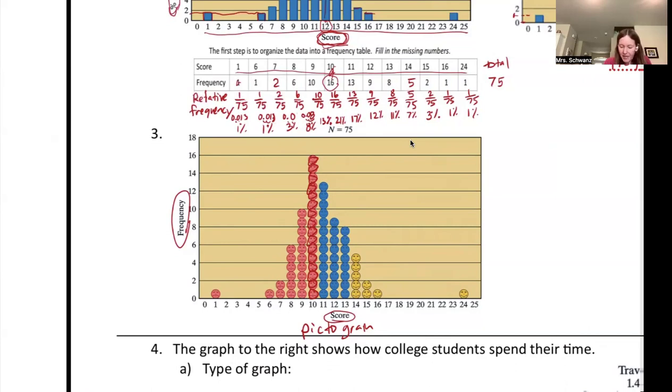I could pick up the next test and say, okay, this person scored 8, and I would draw a little picture above 8. Then this next person scored 24, so I draw another picture over here. And another person scored 16. So you can easily add to this graph and do a tally at the same time. That's what's nice about this pictogram. All right.